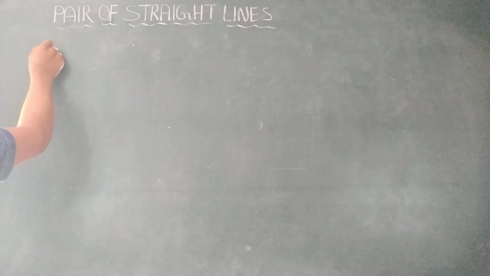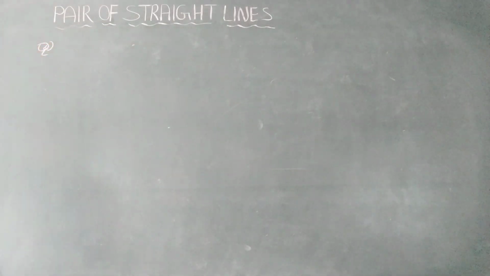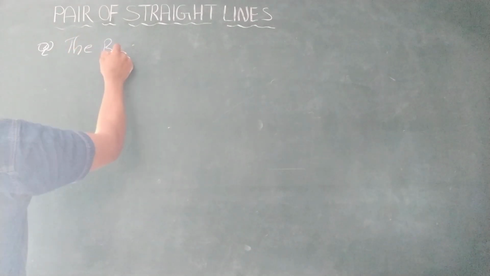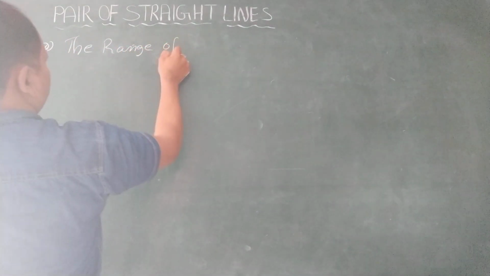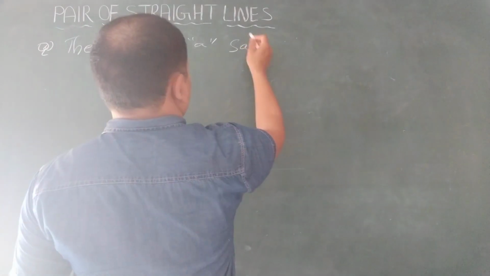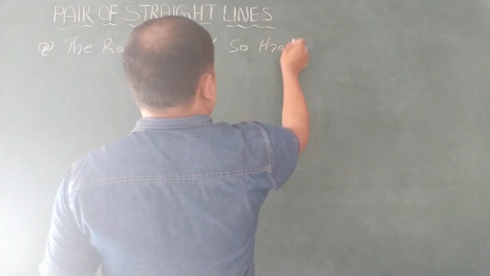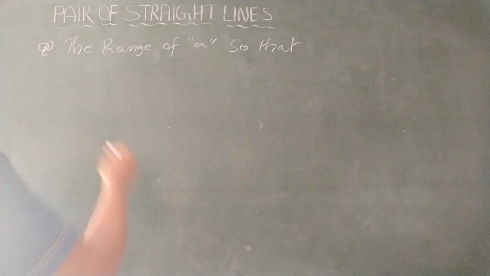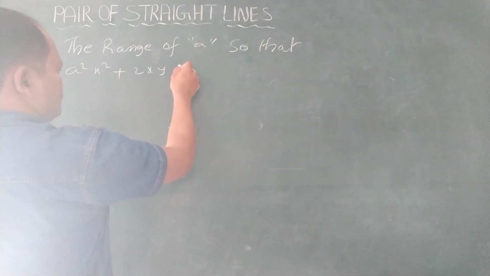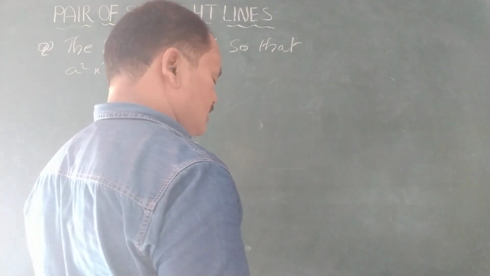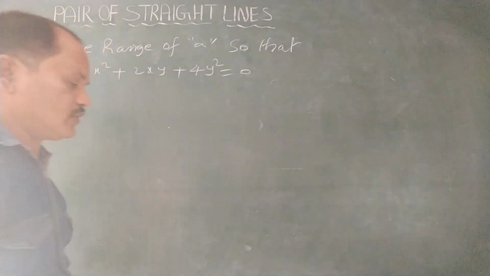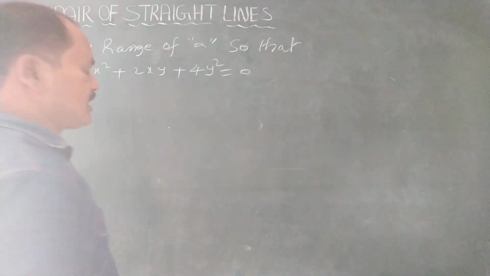Now the second question. The range of small a so that a square x square plus 2xy plus 4y square is equal to 0 represents distinct lines.